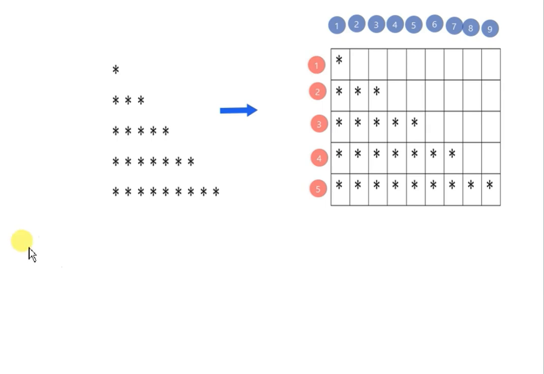In order to generalize our pattern, we will go step by step. Let us denote the row with I, and let us denote the column with J.